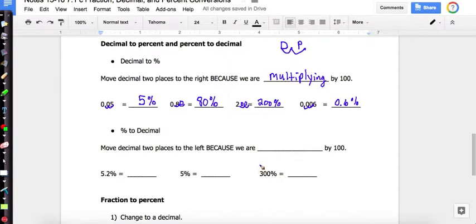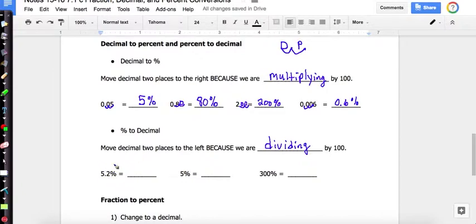Okay, now the opposite of multiplication is division. So when you change a percent to a decimal, move the decimal 2 places to the left because we are dividing by 100. Because what's percent out of? Good, 100. Percent is out of 100. So if we take the percent and put it over 100, then we can divide that to get the decimal.